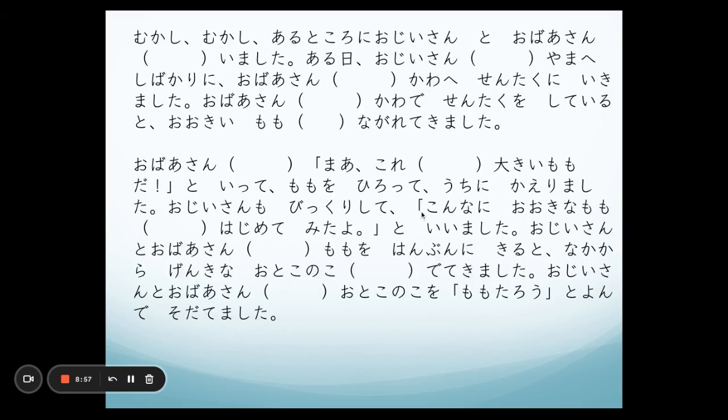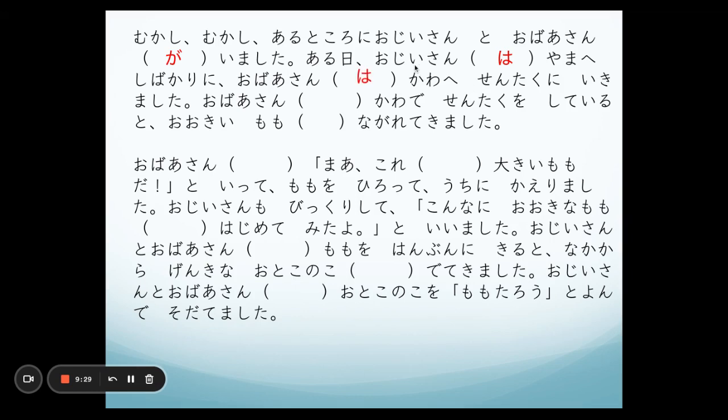Let's try the fairy tale, the folk tale. 昔々, long time ago. あるところに, once upon a time, there, some place, おじいさんとおばあさんがいました. We need that because おじいさん and おばあさん are the main characters at this point. ある日、おじいさんは, one of the characters, he went to 山へ. おばあさんは川へ.